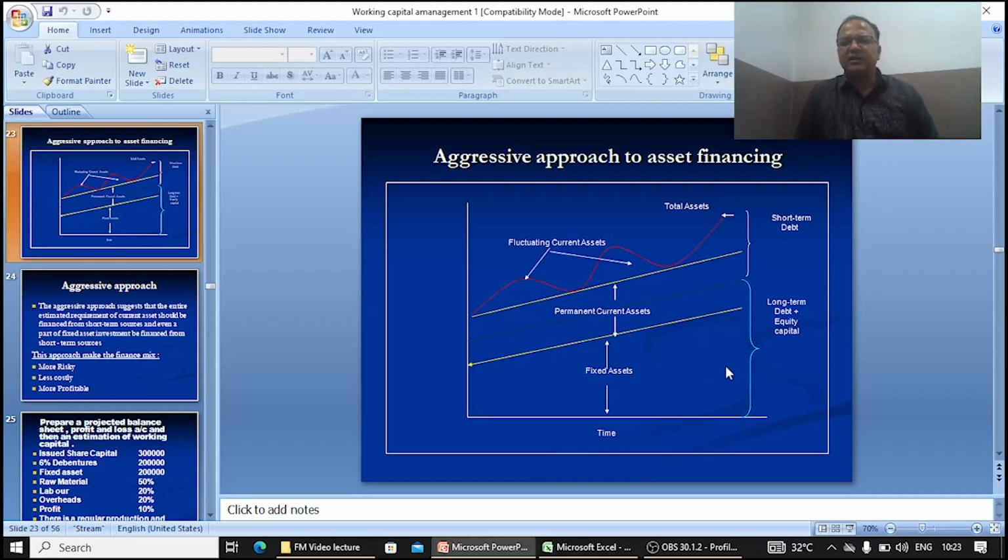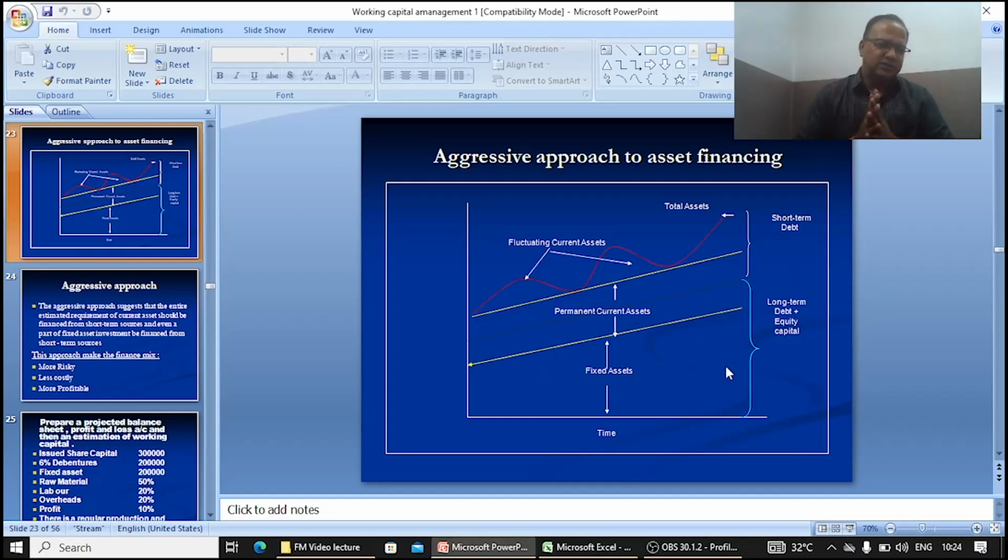It says permanent current asset or permanent working capital should not be 100% financed by long-term debt, but some portion may be financed by long-term debt, and the remaining portion of permanent working capital plus fluctuating working capital should be financed by short-term debt.